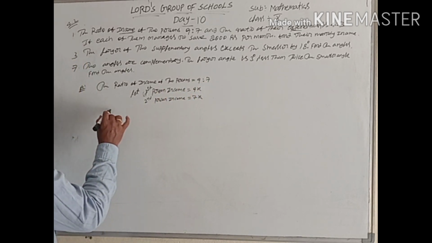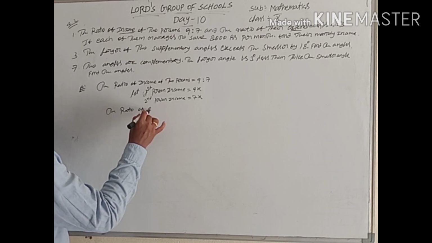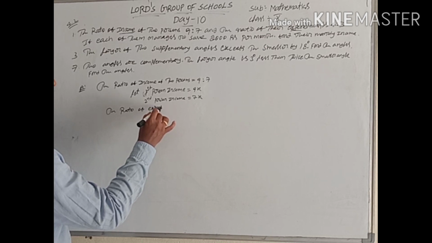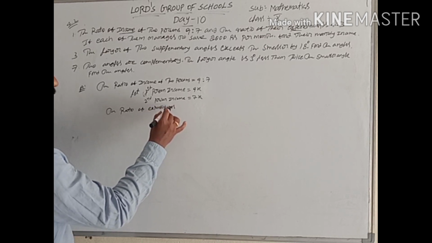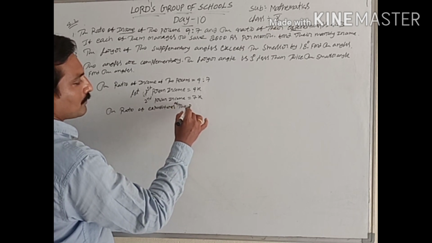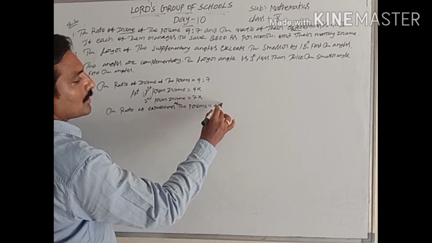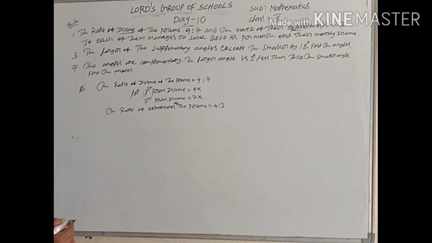Next, the ratio of their expenditure of two persons is given clearly as 4:3. In this case, you take another letter.